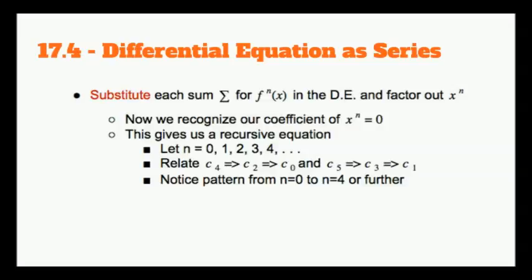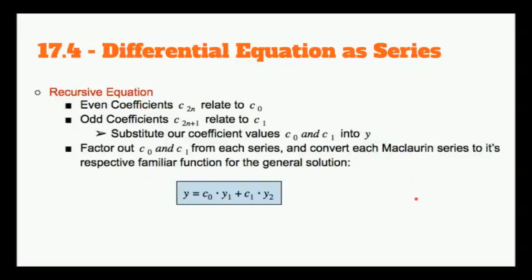Notice the pattern from n equal to 0 to n equal to 4 or further. From the recursive equations, the even coefficients c2n are related to c0. The odd coefficients c(2n plus 1) are related to c1.